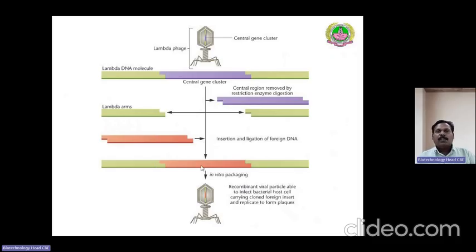And here you can see, after the construction of a recombinant DNA harboring the foreign DNA in the background of the bacteriophage DNA, you can subject it to in vitro packaging, where the recombinant viral DNA particle will be mixed with the proteins of the lysate that will help to package or assemble the recombinant DNA into the capsid or the viral head system.